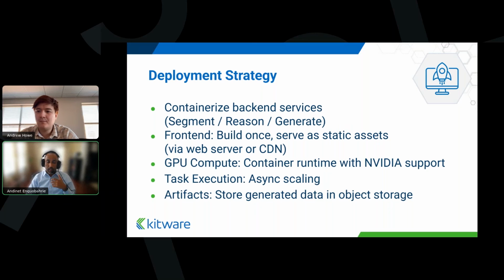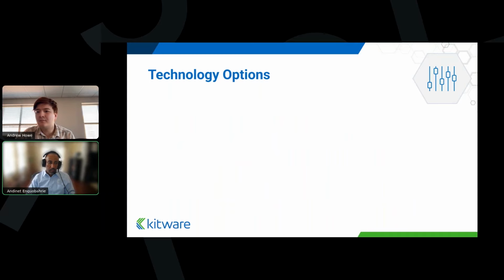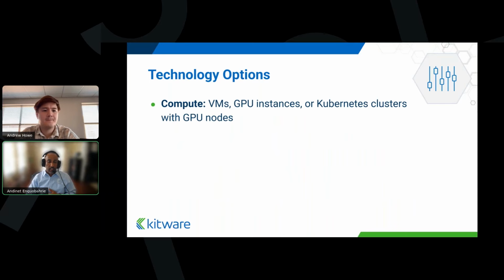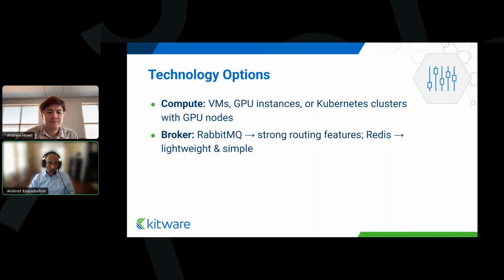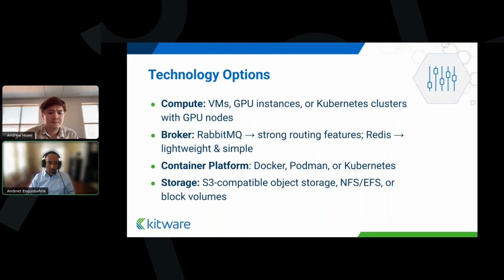Obviously, as we use the generate service, we're generating a lot of medical image data, synthetic data. What's the right way of storing those data on the cloud? The good thing is there are a lot of different options available to you, whether it's for compute, message brokering, containerization or even storage. If you're an AWS shop, you can use EC2 instances, or S3 buckets for storage.